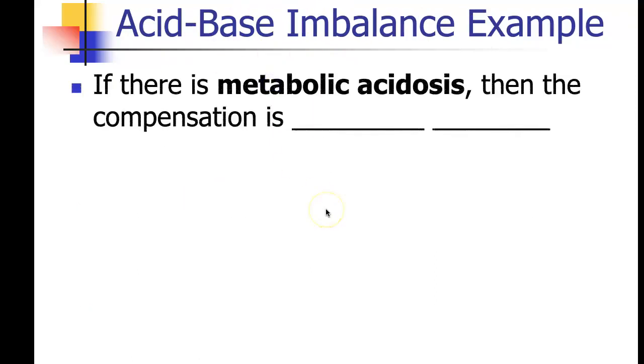All right, so let's go through some examples here. If there is metabolic acidosis, so when we talked about respiratory acidosis, alkalosis, if we have metabolic acidosis, then what would compensation be? The way to compensate for metabolic acidosis then is going to be respiratory alkalosis.